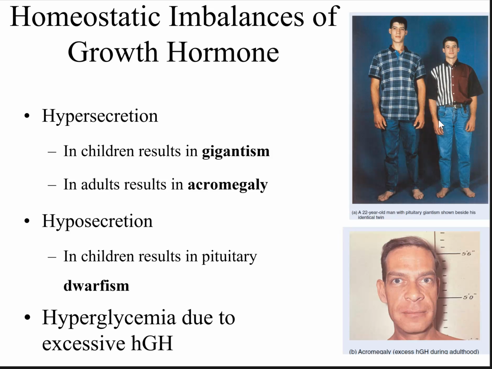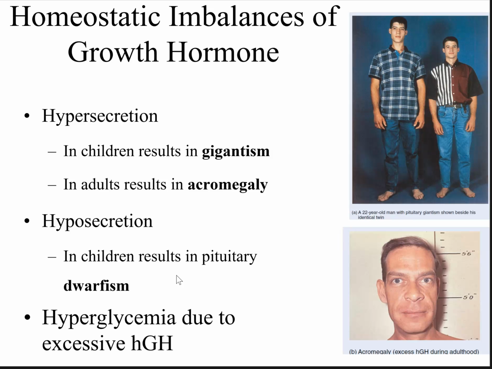Instead, our hands and feet and forehead grow abnormally larger in size. So that condition only affects adults that are completely grown. In children, it results in gigantism. Now, hyposecretion in children results in dwarfism, because they end up not secreting enough growth hormone to grow tall.